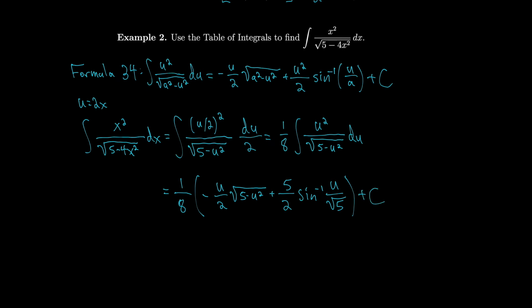Even though 5 is not a perfect square, we still let 5 equal a squared so that we could do the formula with a equals root 5. So we get minus x over 8 times the square root of 5 minus 4x squared plus 5/16 sine inverse of 2x over root 5 plus c.